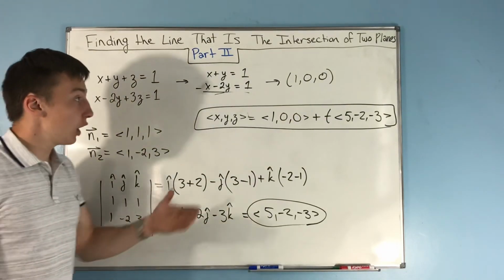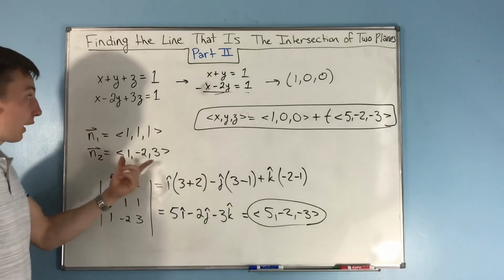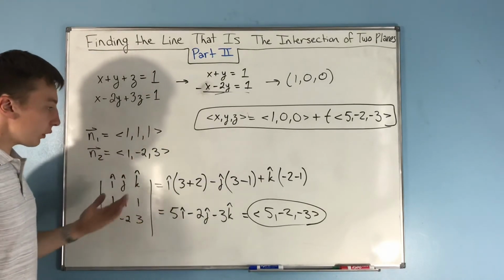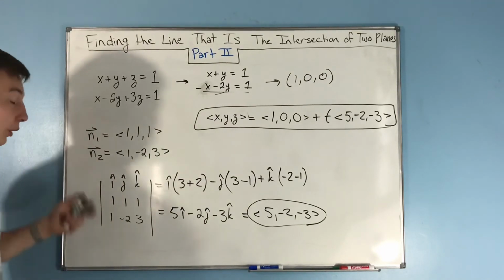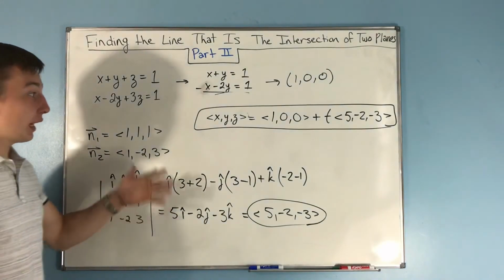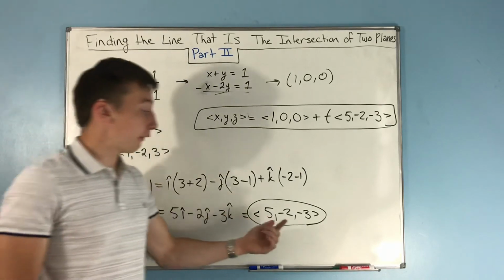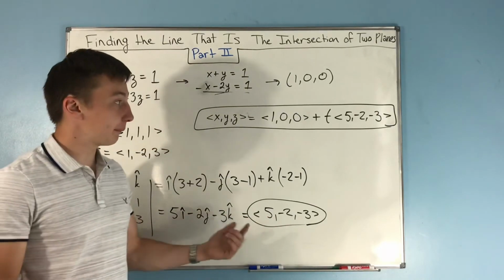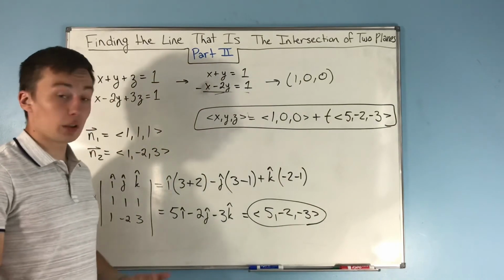We found the direction by finding our two normal vectors for these planes, crossing them to create a vector that is orthogonal to both these normal vectors, and that is going to point in the same direction as our line. So we were able to use that vector from our cross product and put it right in for our direction in our equation.